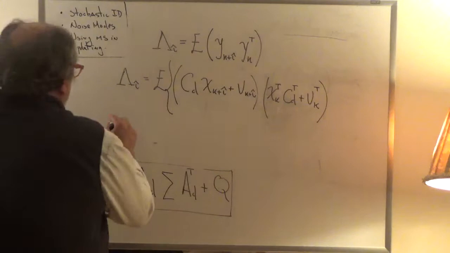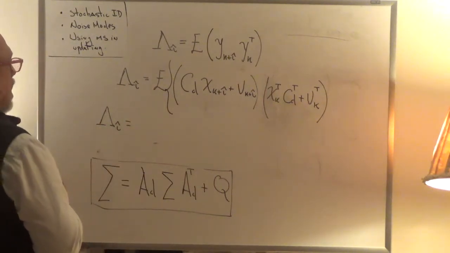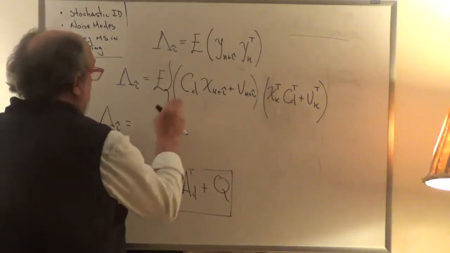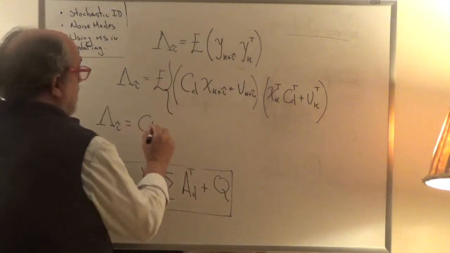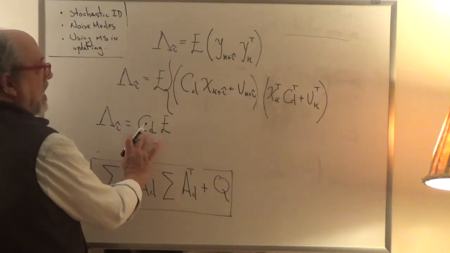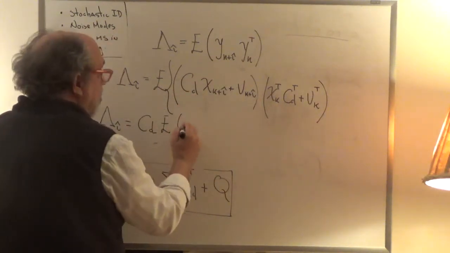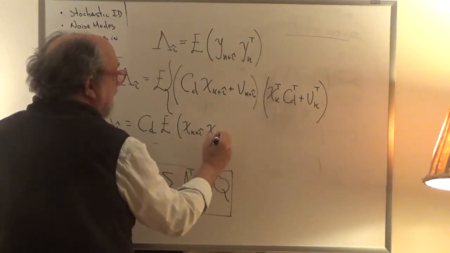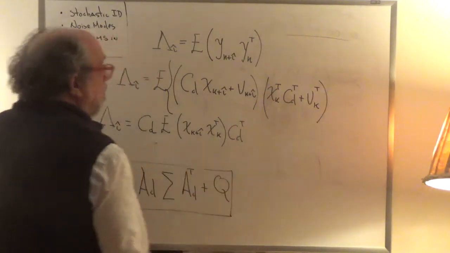Now we move on and say delta I, lambda I, capital, is equal to CD, right, times the expectation, because CD doesn't have an expectation. CD is just a constant matrix. But then these are the things that are stochastic. So I have the expectation of xk plus I times xk transpose times CD transpose, right?